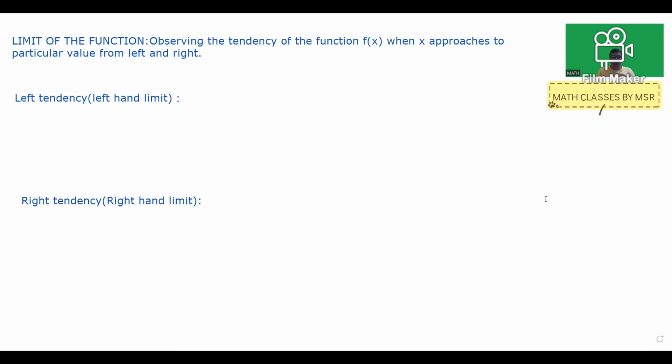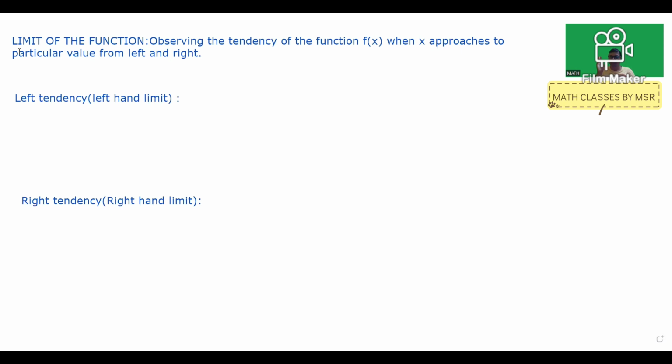Now let us discuss what is left tendency and what is right tendency. Left tendency, see here, what is the limit of the function we discussed? Observing the tendency of the function f of x when x approaches a particular value from left and right. From the left, the function approaches some certain value.